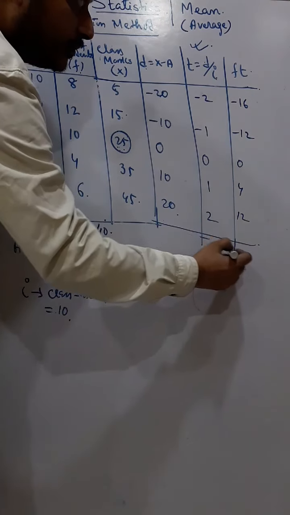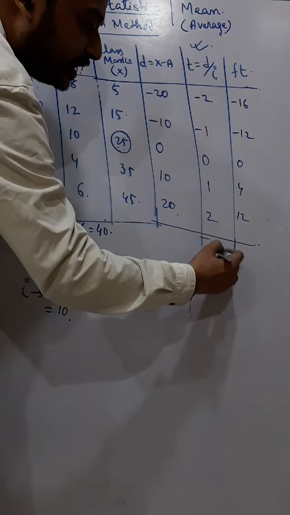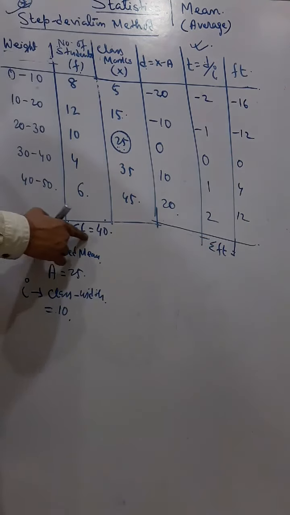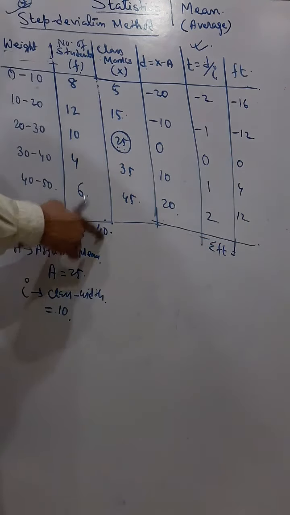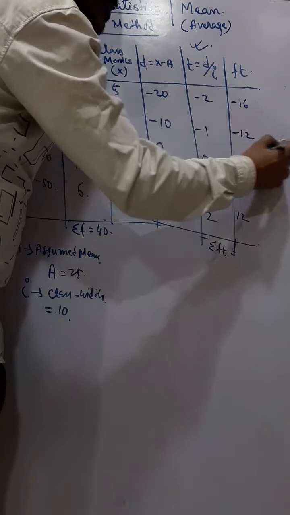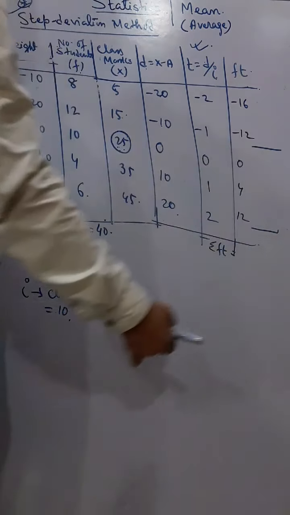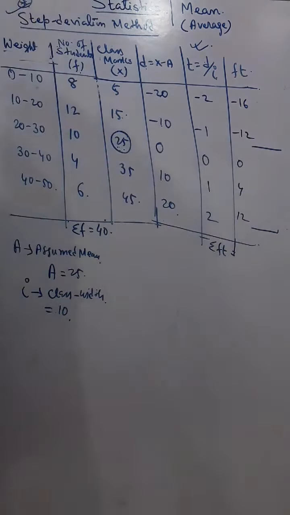And then we'll find sigma ft, and sigma f, we already know it's 40. And I have told you, do the negative and positive separately for better results. Otherwise, most of the students make mistakes while doing this. So minus 16 minus 12 you get minus 28, and 12 plus 4 you get plus 16, and now you will have minus 12.